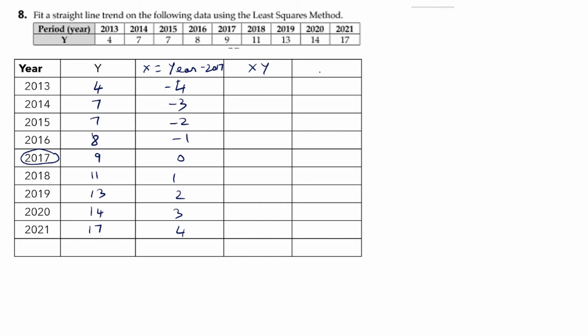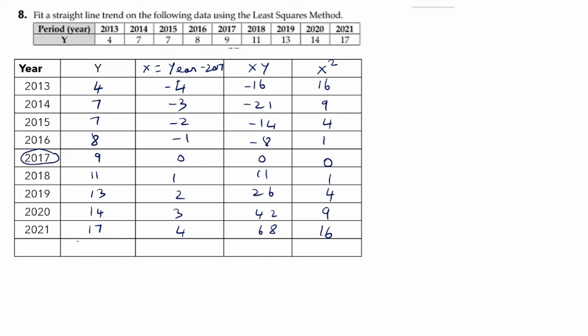Next we have xy and next x square. Xy we have negative 16, negative 21, negative 14, negative 8, 0, 11, 26, 42 and 68. X square we have 16, 9, 4, 1, 0, 1, 4, 9, 16.